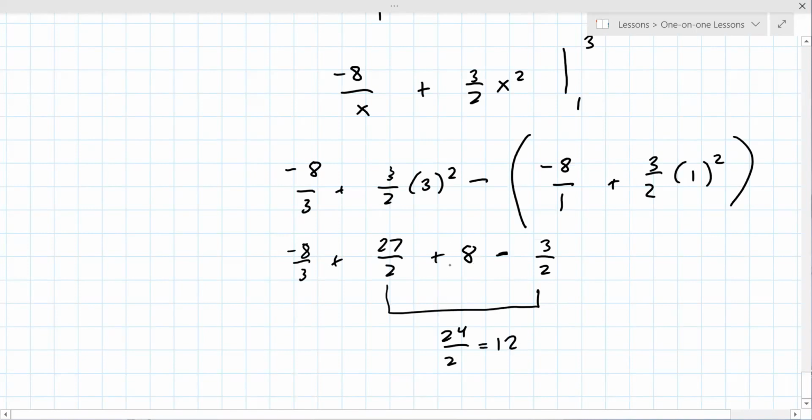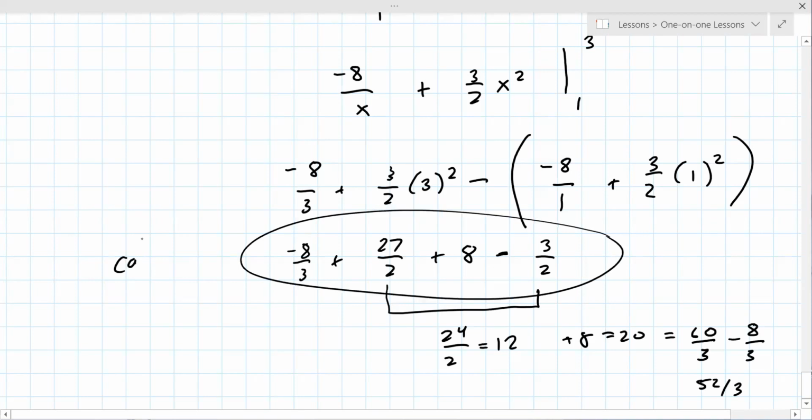And we have an 8 to go with it. So 12 plus 8 is 20. And then because this is a bottom of 3, you're going to want to rewrite this as 60 over 3. 60 over 3 minus 8 over 3 is 52 over 3. By this step here, though, you could just go to your calculator and do a math enter, and it'll give you the fraction that you need. Okay.